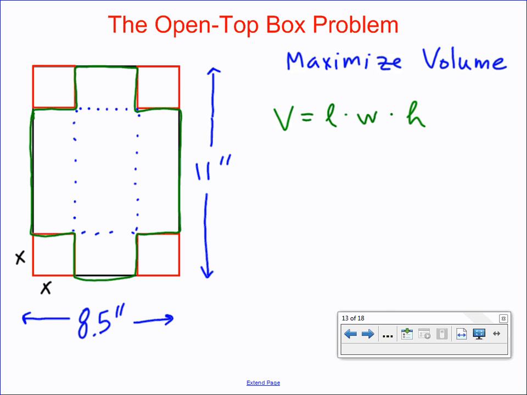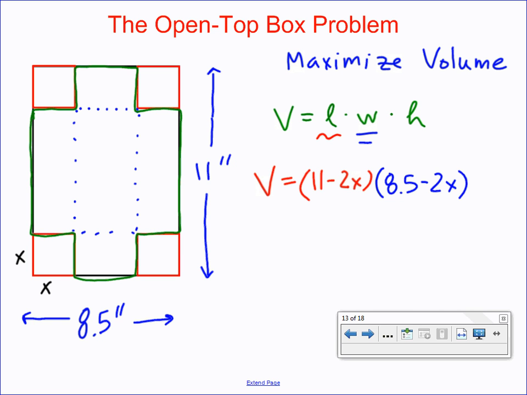So our volume will be given by 11 minus 2x. Our width then would not be 8.5, right? What would our width be now, Peter? 8.5 minus 2x. Awesome. In blue, thank you.